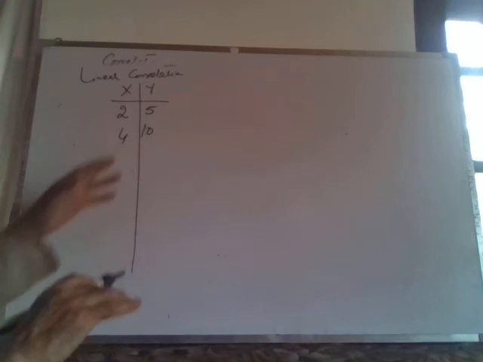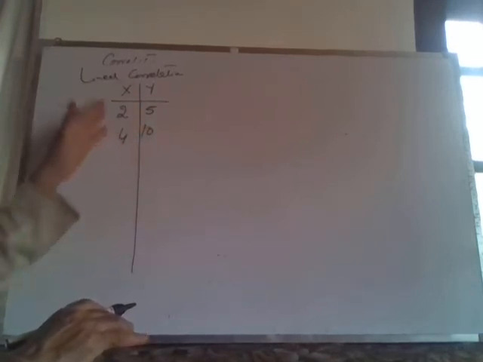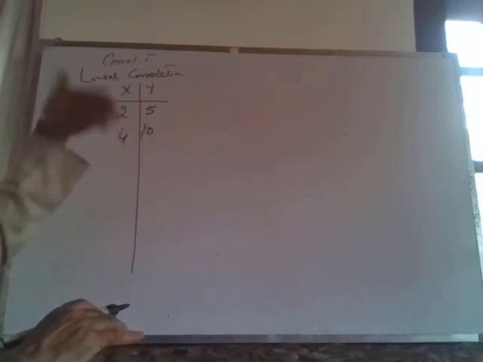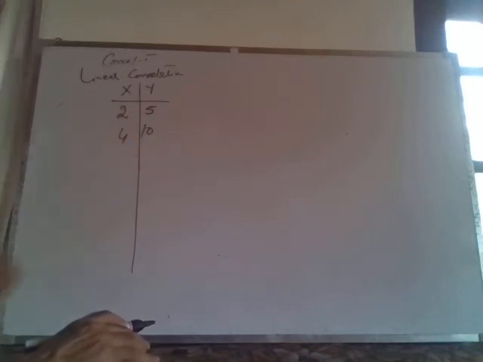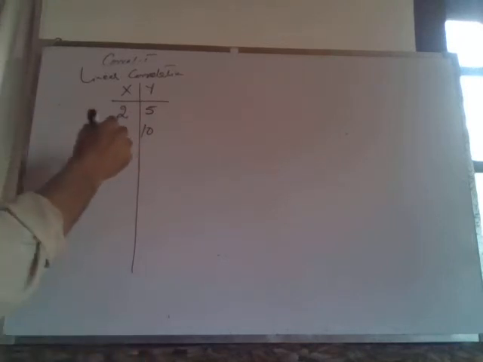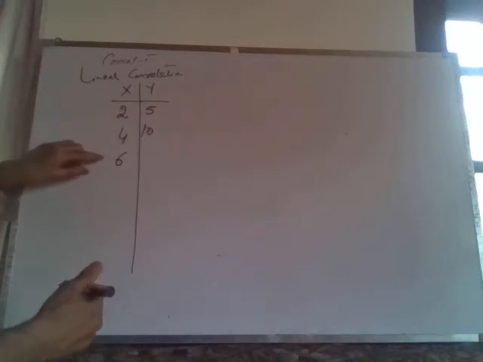We do not see whether Y increased or decreased, but Y changed due to the change in X. X increased, Y also increased. Y can decrease also, but by the same proportion. If this is 6, there is a 50% change. From 4 to 6, it is a 50% change.